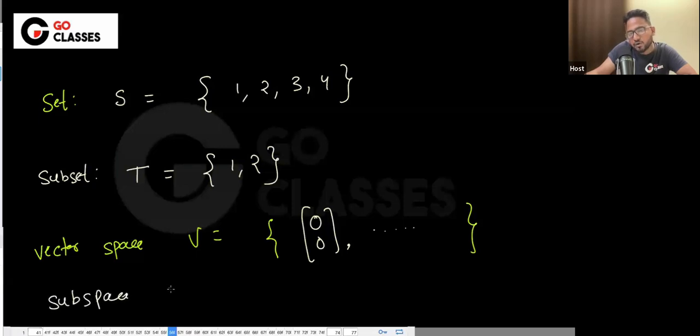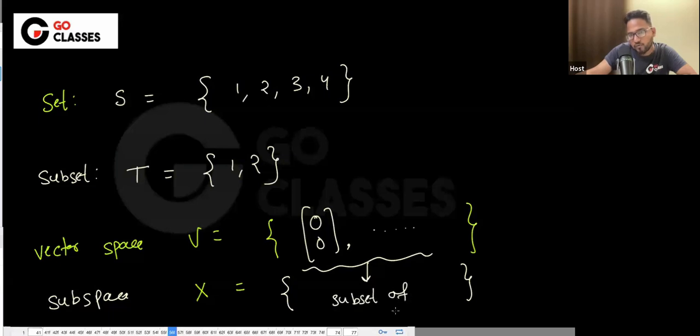Let's call this subspace X. Some subspace I want to define over this vector space. So how to define that? It is basically a subset of the vector space. If you take a subset of a vector space, then it is a subspace. But there are certain conditions. We will talk about those conditions.